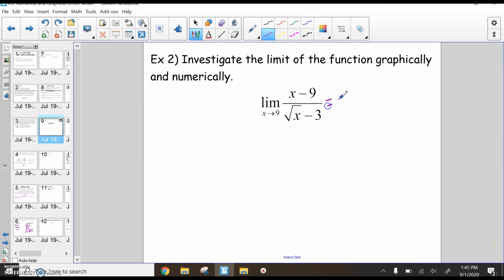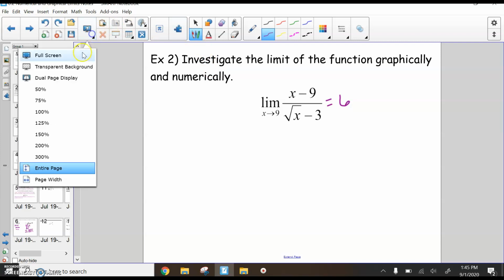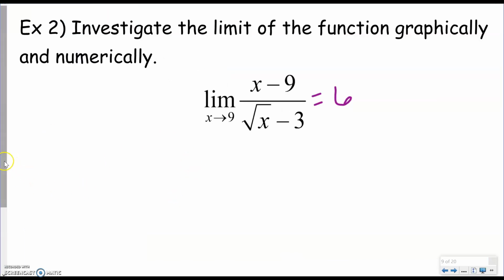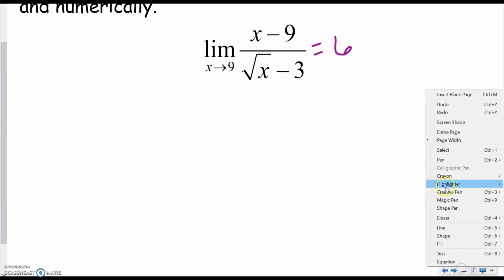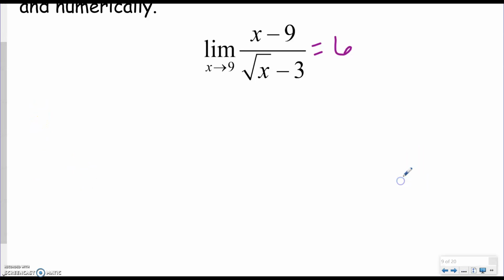Let's verify that numerically. So I'm going to go ahead and pick some values on the left side and on the right side and plug them in. On the left side, we are going to plug in values that are getting closer and closer to 9 from the left. So I'm going to do 8.5, 8.9, and 8.99.